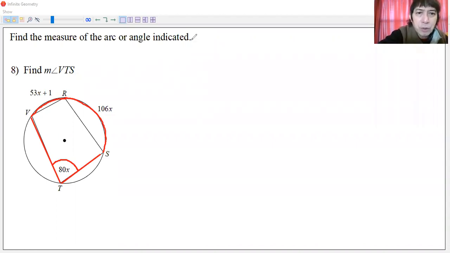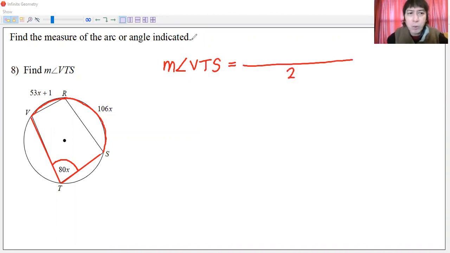The measure of angle VTS is equal to 1/2 of the arc VRS, which will be equivalent to the measure of arc VR plus the measure of arc RS.